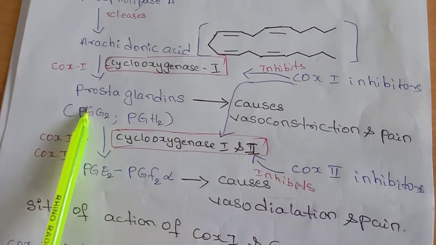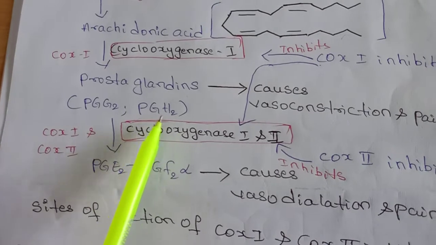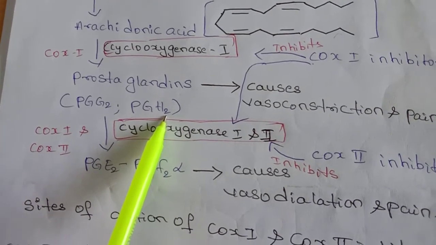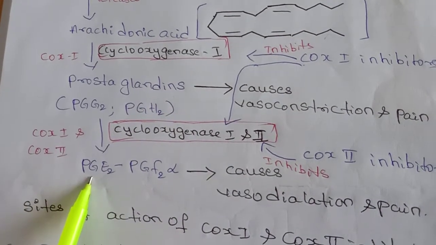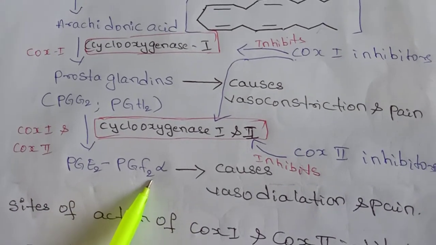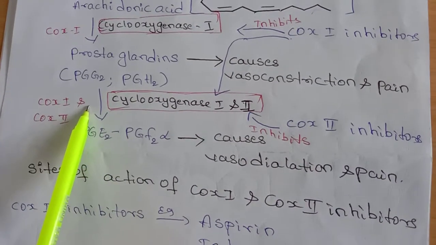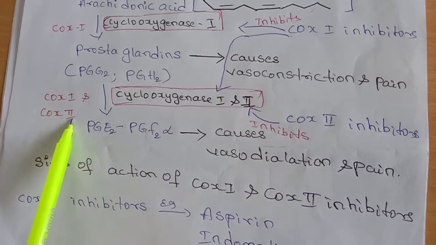These prostaglandins, that is prostaglandin G2 and prostaglandin H2, are further converted to prostaglandin E2 and prostaglandin F2 alpha by cyclooxygenase 1 and cyclooxygenase 2.